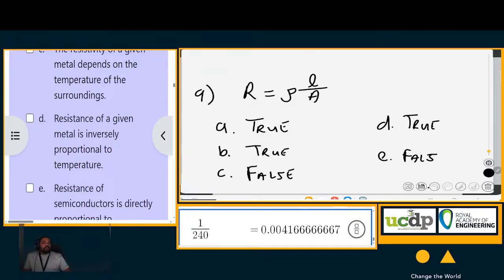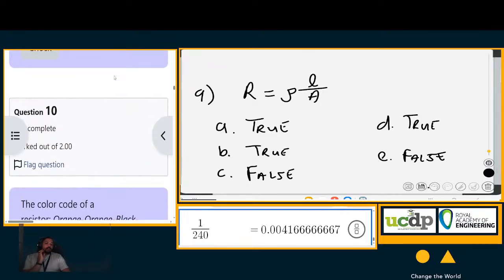The resistivity of a given metal depends on what the metal is made up of, not on the temperature of the surroundings. That is false because the resistivity is dependent on what the material is made up of. It's not the resistance, it's the resistivity. That is dependent upon the material itself.